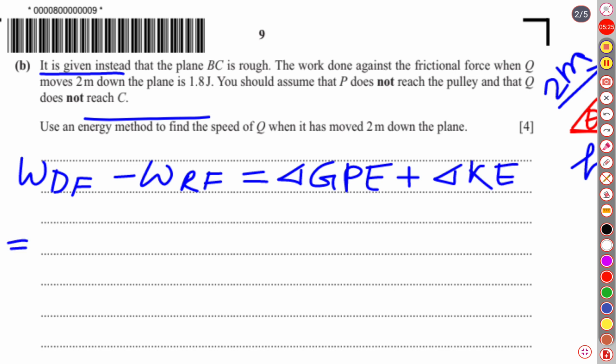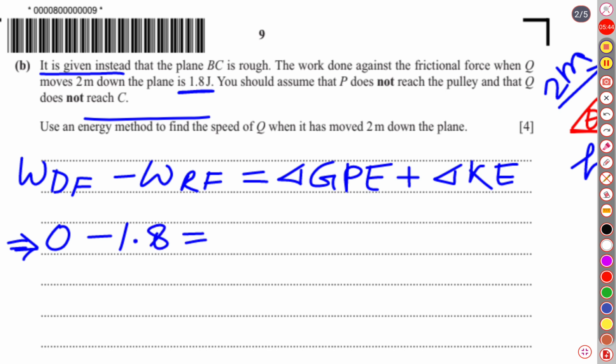Now, as the particle has been released, there is no external driving force acting on it. Now, work done by resistance to motion is given. It is 1.8 joules. So let us write 1.8.